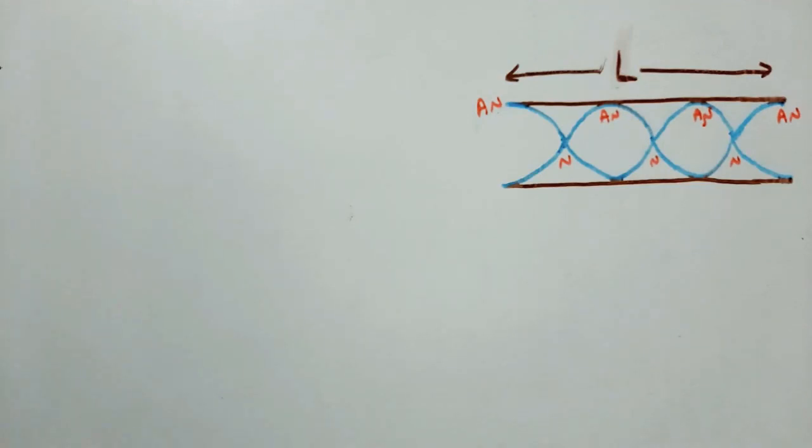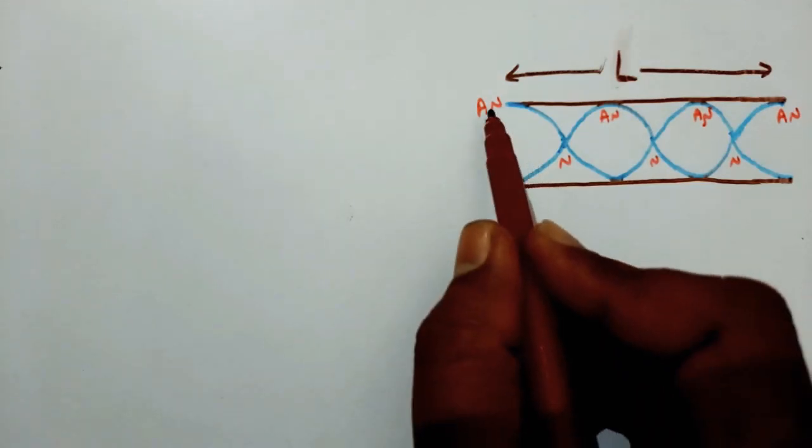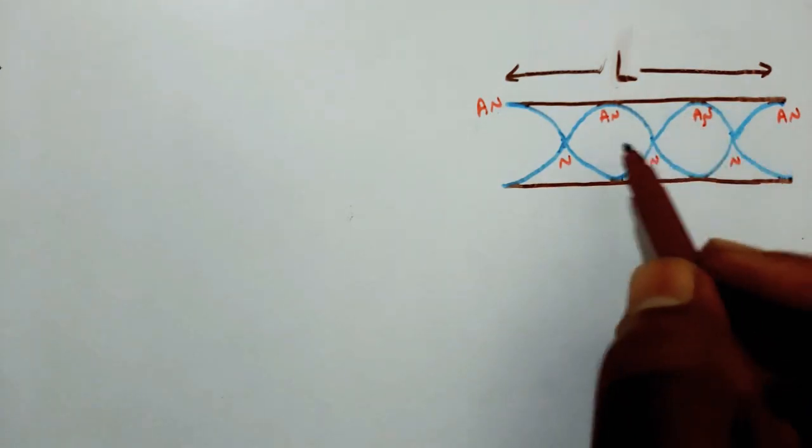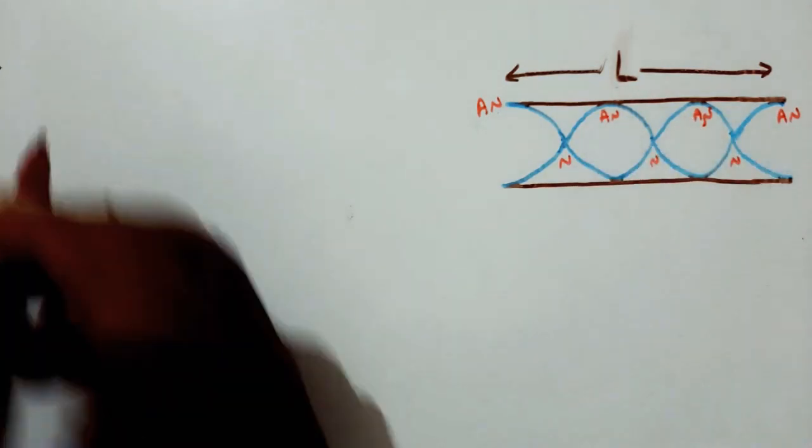In the third mode of vibration, 4 antinodes and 3 nodes are formed.